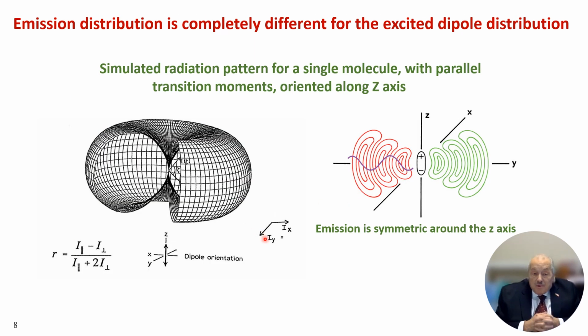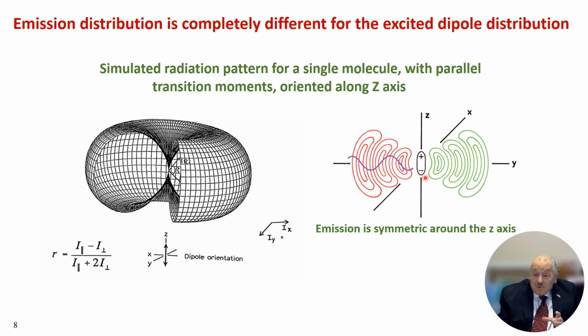This is an important point, and it's often a point of confusion. What I just showed you was the distribution of the excited state molecules, or the distribution of their transition moments subject to vertically polarized excitation. This is completely different from the emission of these molecules, because the emission from a single fluorophore is more like a torus. It does not have that figure 8 configuration.